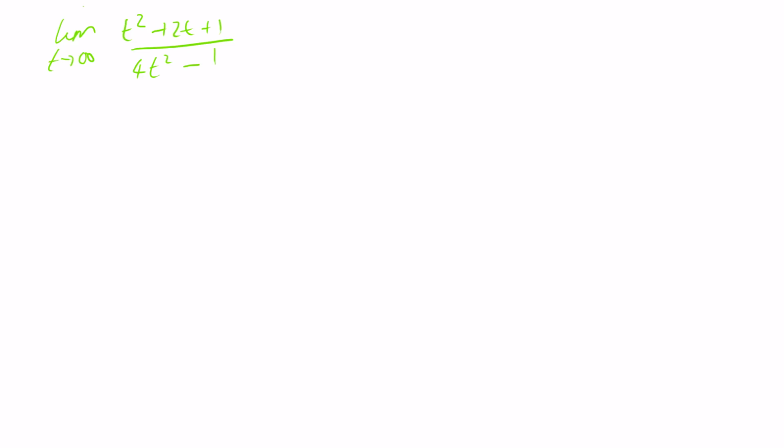We can clearly see here that as t tends to infinity, the whole top will tend to infinity, and the same on the bottom. That is our infinity over infinity.